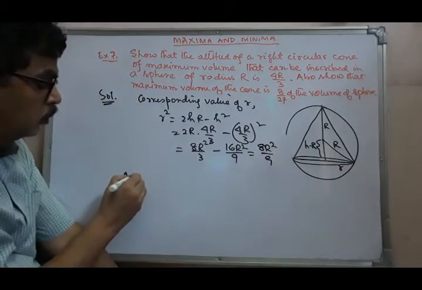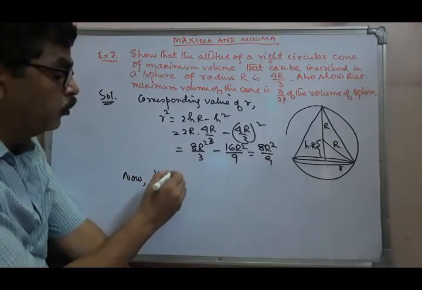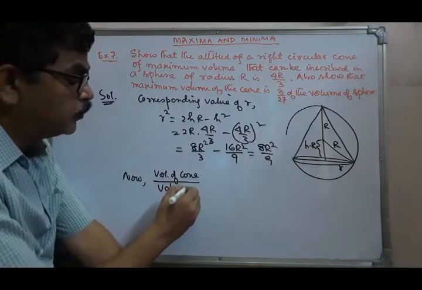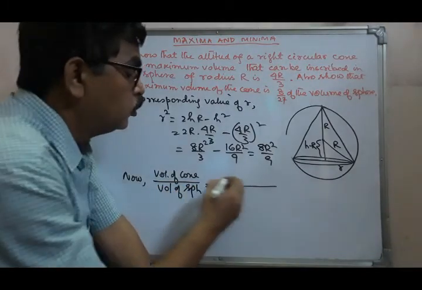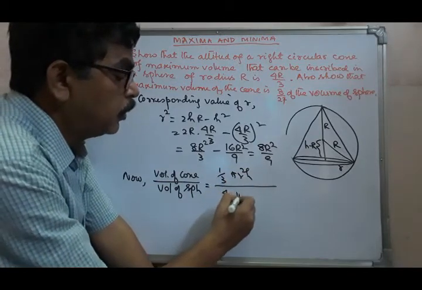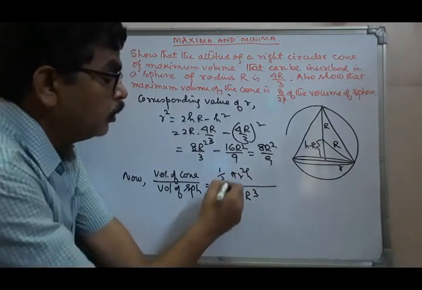Now volume of cone divided by volume of sphere equal to 1/3 pi r square h over 4/3 pi R cube.